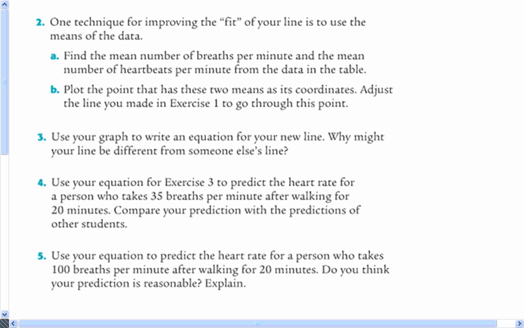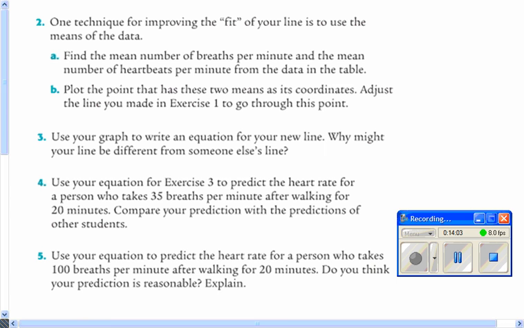So one way we can improve the fit of our line is to make sure that we have the mean of the data in there. In other words, the average. So if we make sure that the average point is on our line, it'll improve the fit of our line a little bit. And that's what I'm going to show you how to do next. But I'm going to pause this video, and we'll have to do the second part.